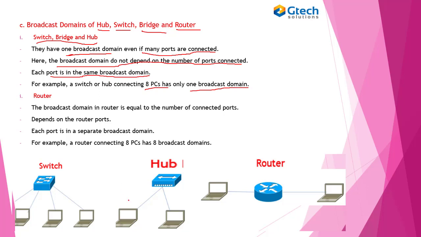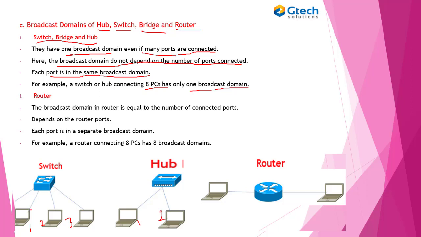Let's see down here. This switch is connecting how many devices? 1, 2, 3. This hub is connecting how many devices? 1, 2. Okay, so the broadcast domain in a switch does not depend on the number of ports connected.